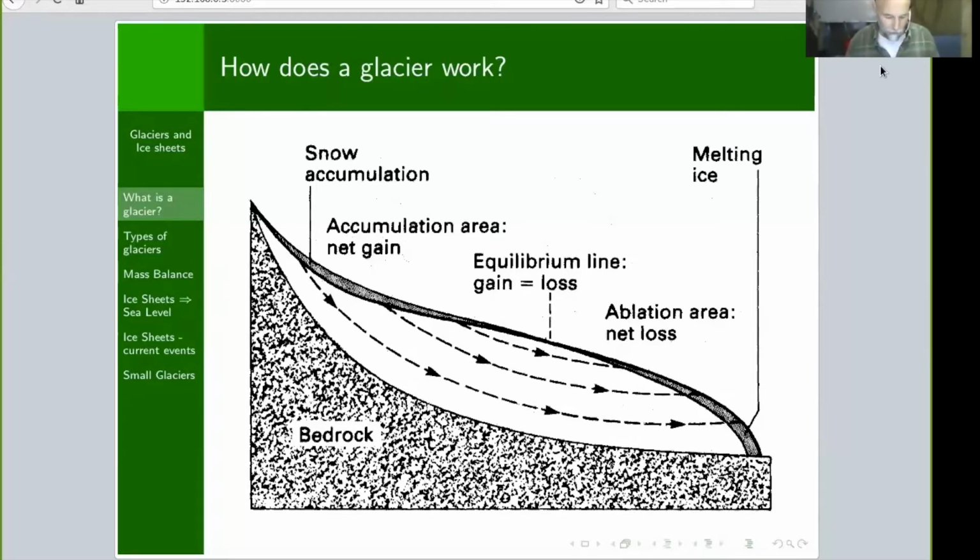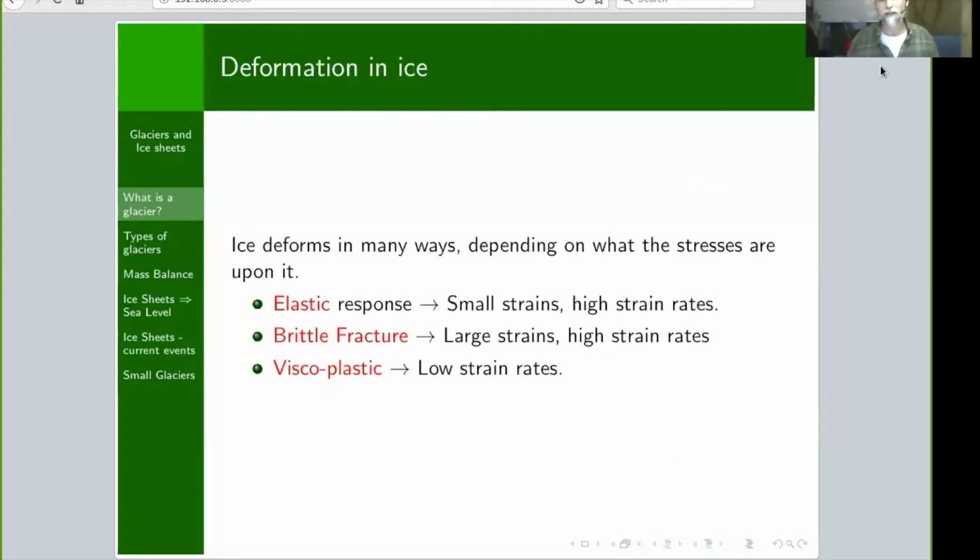And so ice is one of these weird materials that deforms. We talk about the deformation, or how a material responds to a stress. It's the word rheology.